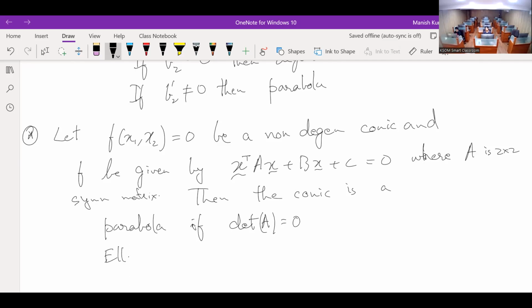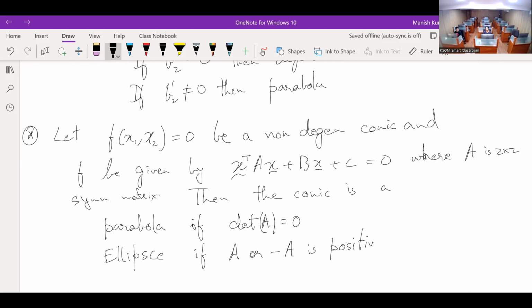Ellipse, if A is positive definite or negative definite. Or maybe I'll write it this way: plus or minus A is positive definite. Then can we say the determinant is positive?